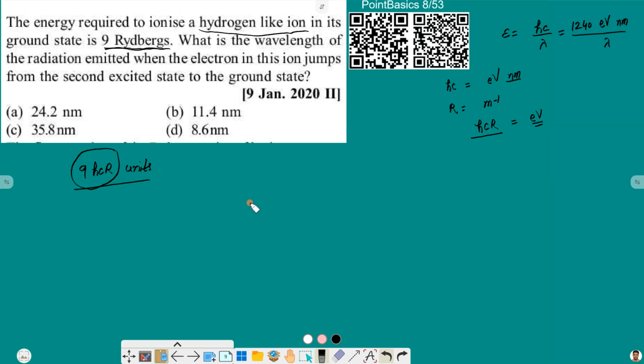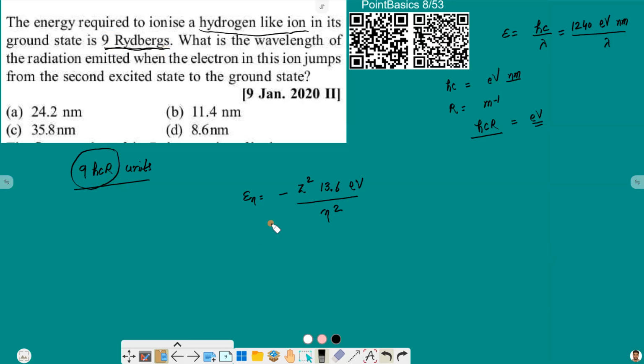Now for a hydrogen-like element, we know that En is equal to minus Z square into 13.6 electron volt by n square. That is the actual formula for a hydrogen-like element. It is mentioned that the energy required is 9 Rydberg, that is basically 9 hcR.